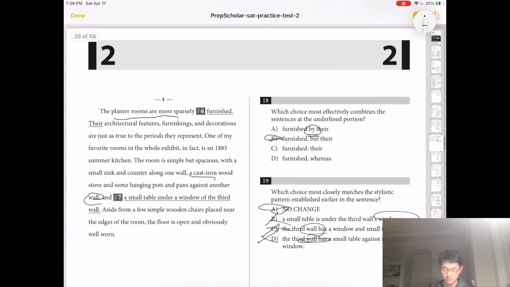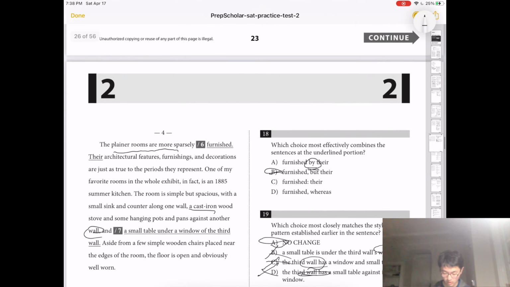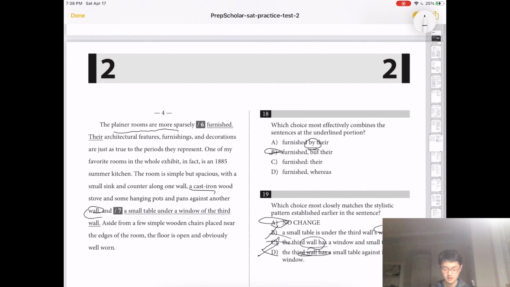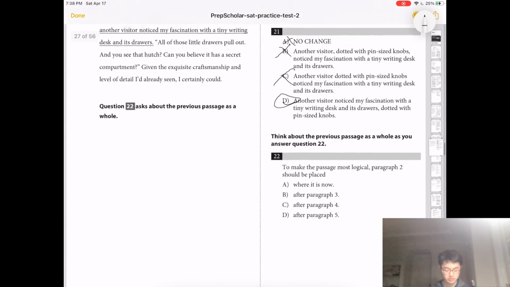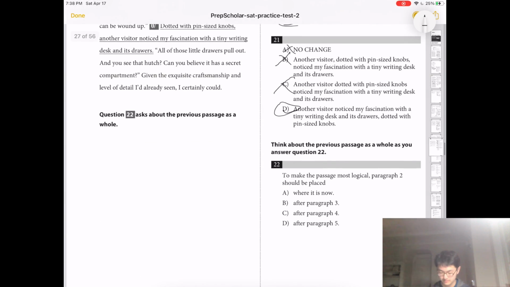So I think it should be after 3. It can't be after 4 because paragraph 4 should be placed after describing something that's fancy. It talks about the plainer rooms being more sparsely furnished, so something is more furnished than the more sparsely furnished room. So the answer would be after paragraph 3.